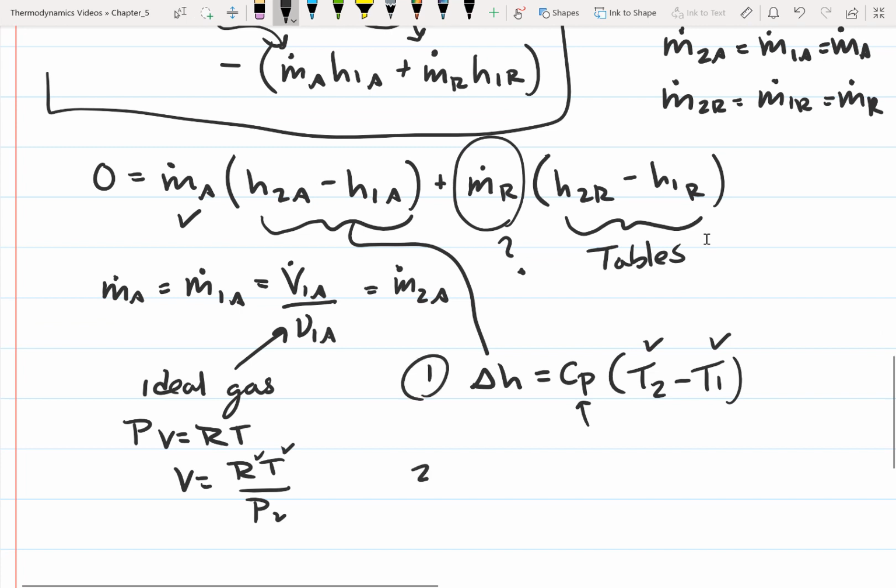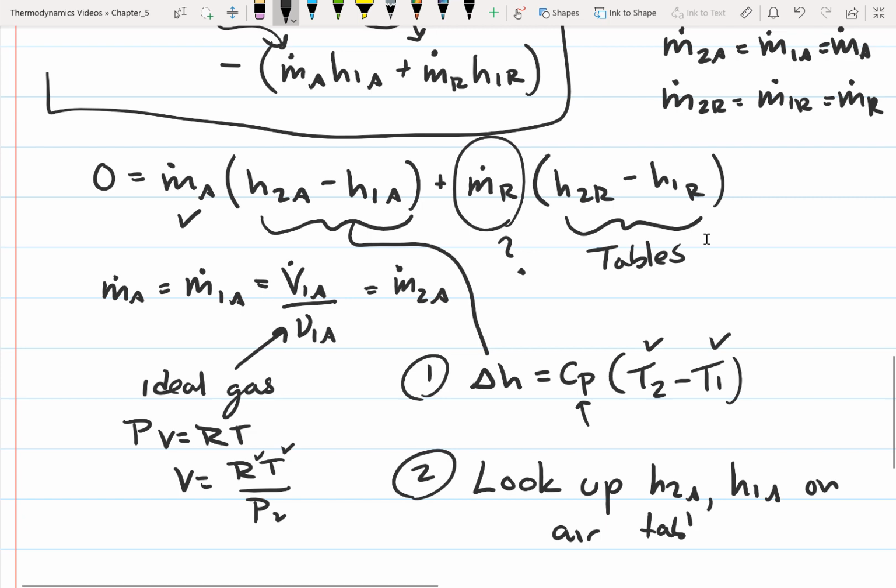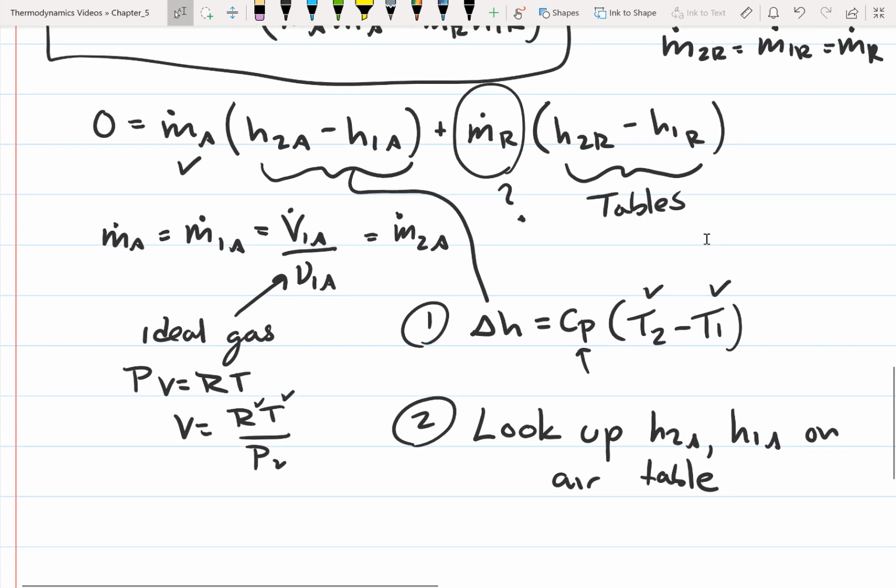The other way that we can do this is we can look up the enthalpies H2A and H1A on the air table. So there are two ways that we can calculate this.